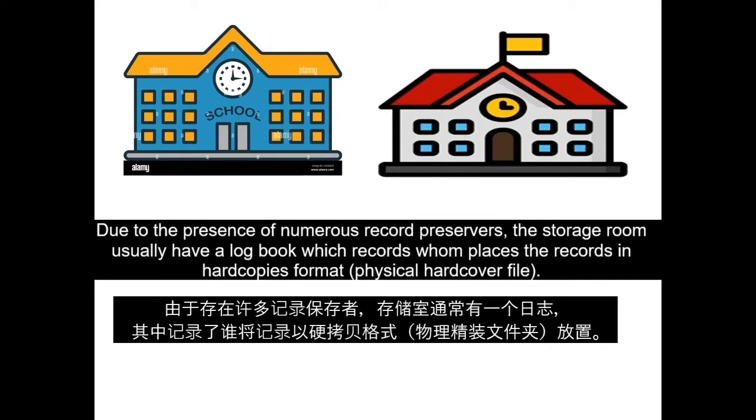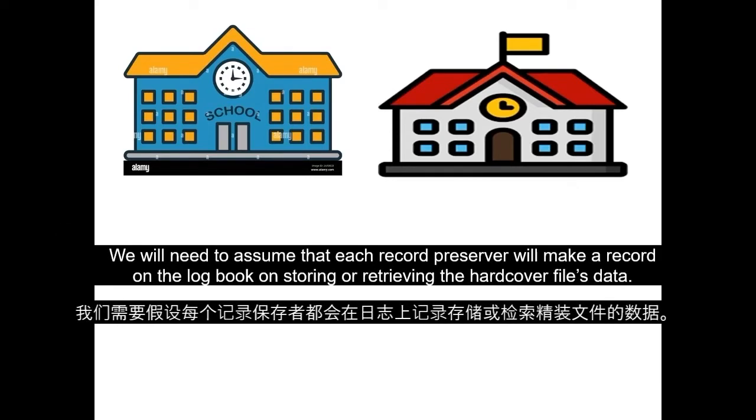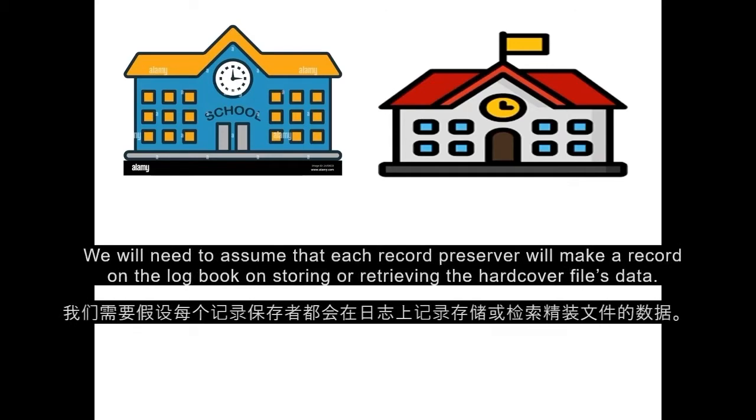Due to the presence of numerous record preservers, the storage room usually has a logbook which records who places the records in hard copy format, physical hardcover files. We will need to assume that each record preserver will make a record on the logbook on storing or retrieving the hardcover files data.